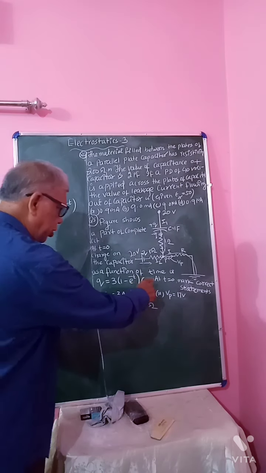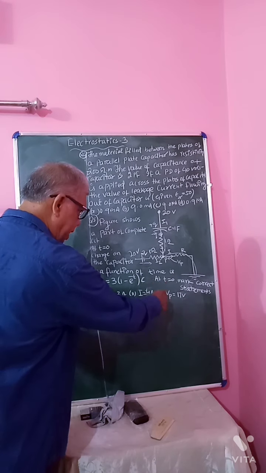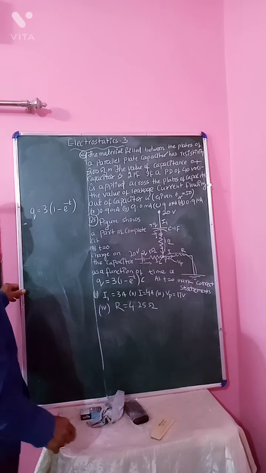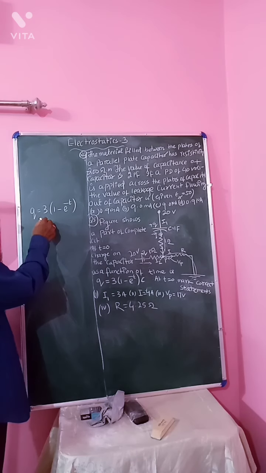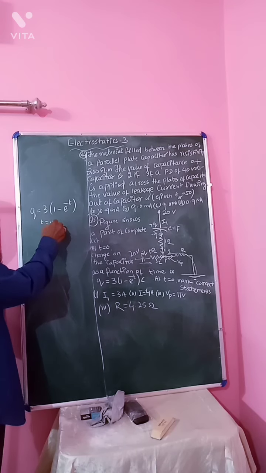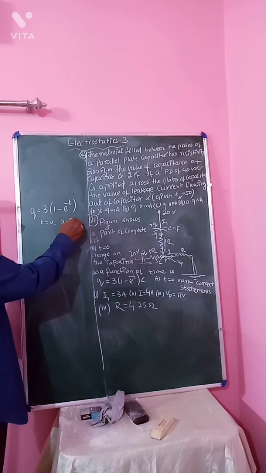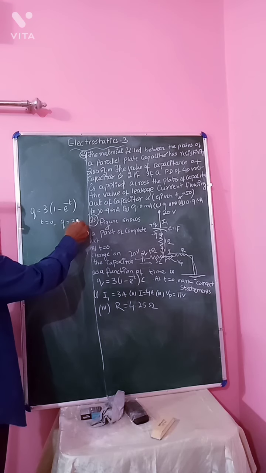You want to find the correct statements at time t equal to 0. Now, at time t equal to 0, the charge on the capacitor is 0.